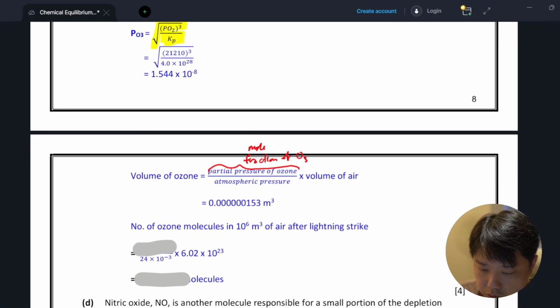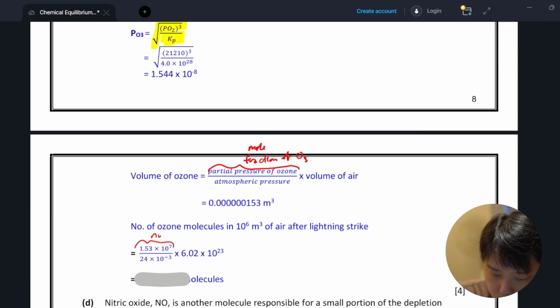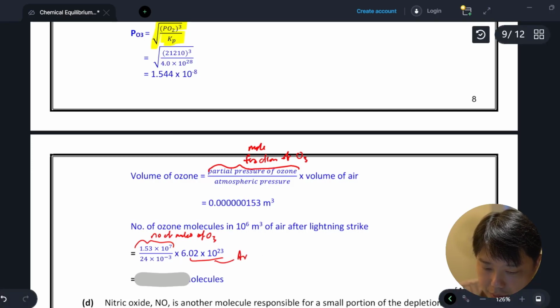Obviously you have to take that and divide it by the molar volume, which is 24 dm cube. Once you divide that, you will get the number of moles of ozone. Once you've got that, you multiply that by Avogadro's number, you will get the number of ozone molecules.